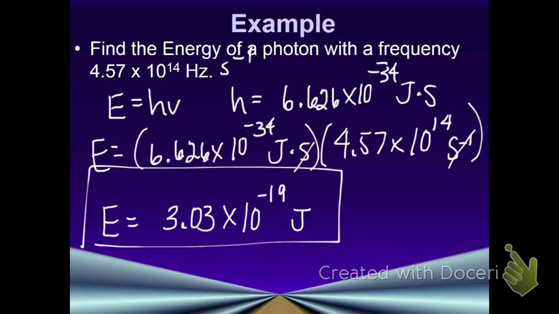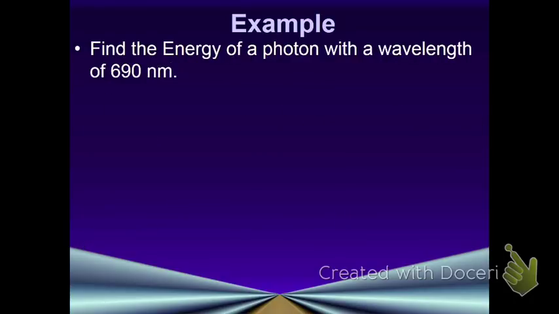So let's see how much you were paying attention or how much you noticed about those two formulas. In the next problem, we're going to combine the two formulas. This one wants you to find the energy of a photon with a wavelength of 690 nanometers. So I have the energy equation, which is E is equal to hν.